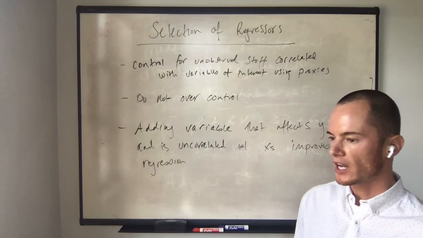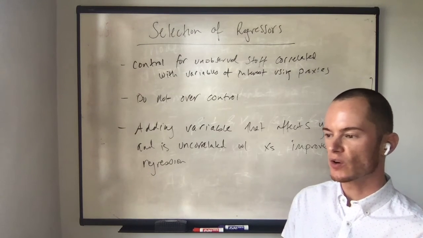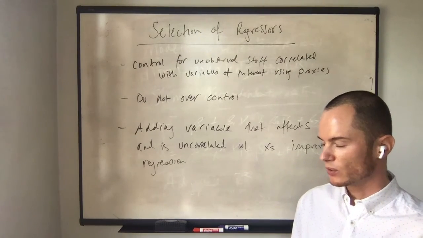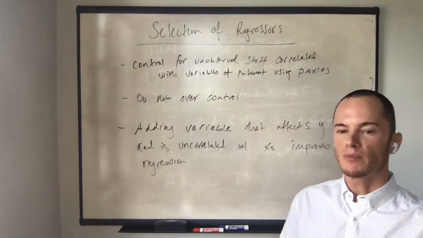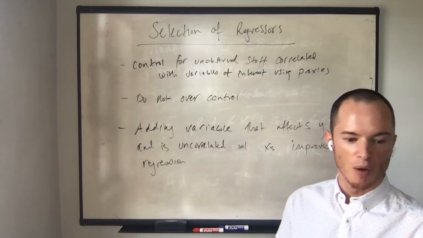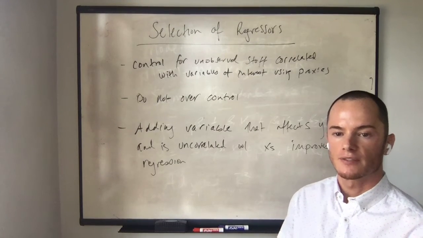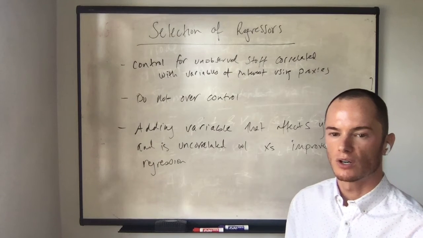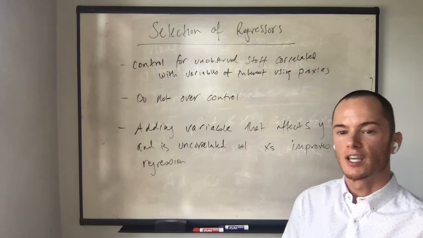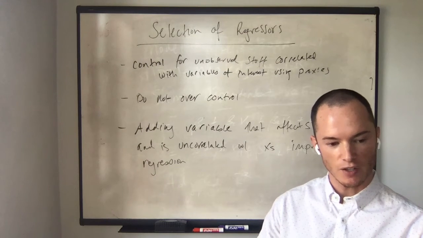So if you have something like ability in your error term, and you are trying to get the effect of education on wage, then you might try to think about some kind of proxy for ability, perhaps standardized test scores or some other proxy for ability that you want to bring into your regression equation to capture for the correlation between the proxy and the error term.